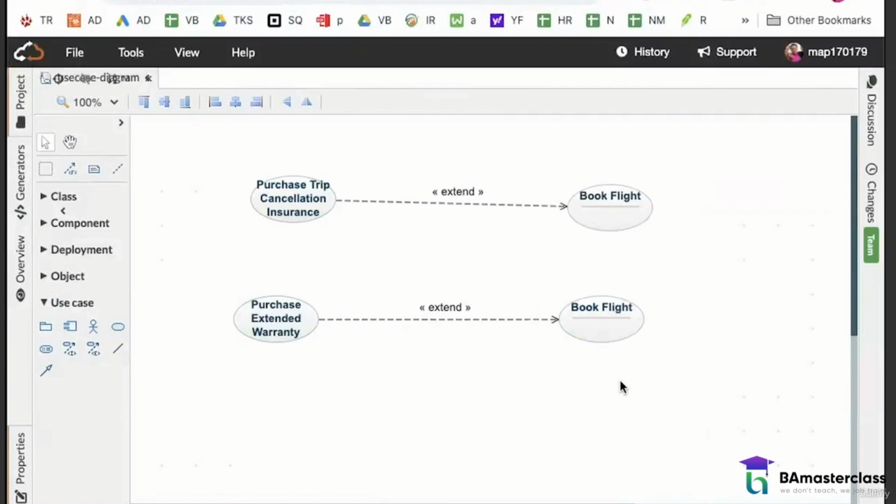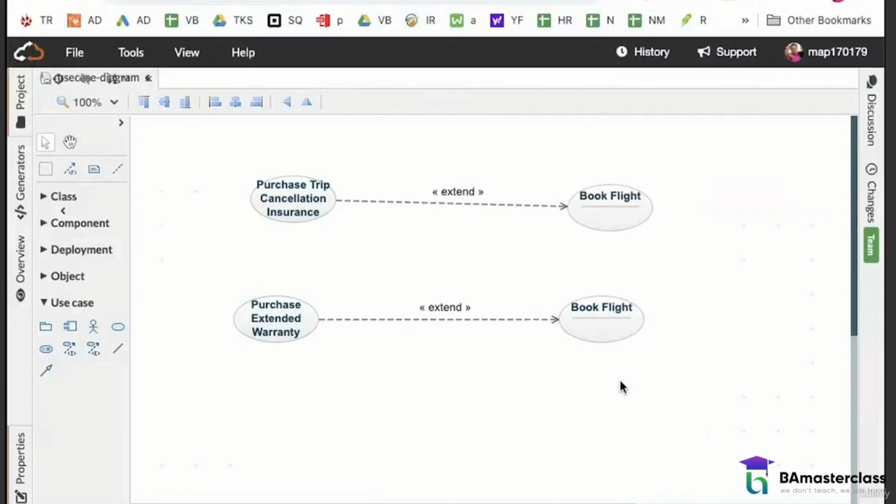So what do you think is an extend relationship? It's not critical, it's an add-on. So it pretty much is an optional relationship. It's an add-on, but it's a one-time option.